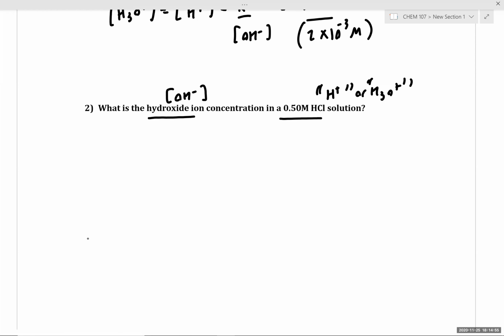I use 10 to the negative 14 divided by 0.5, but I don't know how to calculate. Yeah, that's the way that you went about solving that problem. That's exactly correct. Yeah, that setup is perfect.